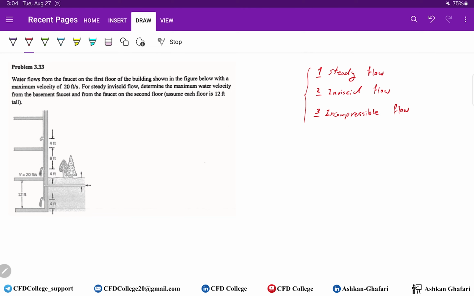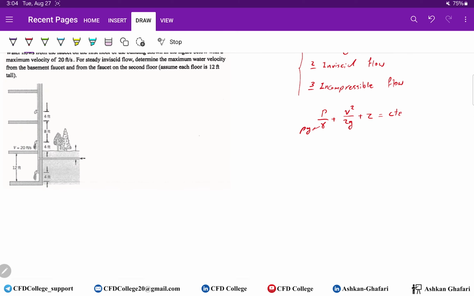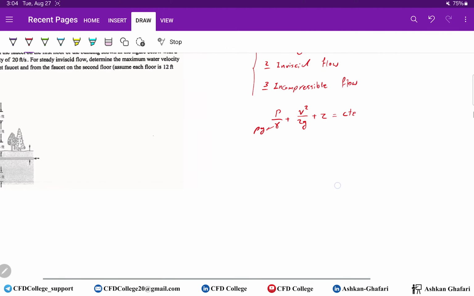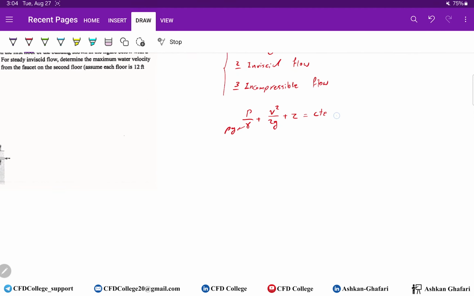Then you can use the Bernoulli equation, which is P over gamma plus V squared over 2g plus Z equals a constant value. Gamma is rho g, so we have other forms for this equation.